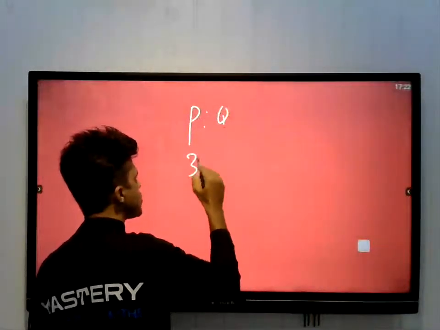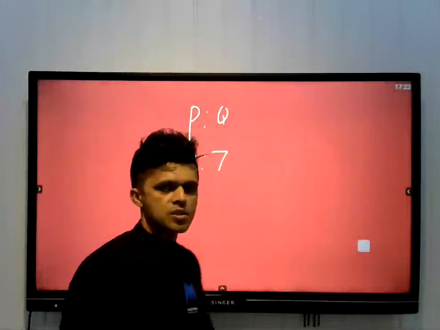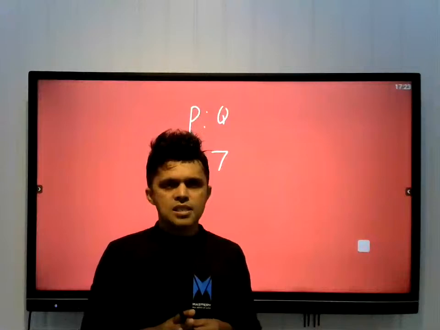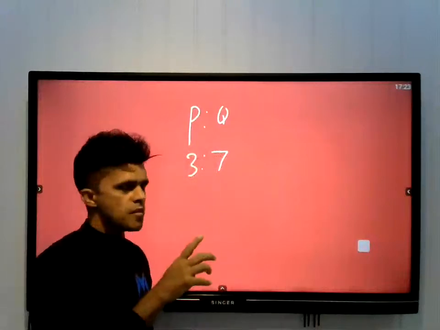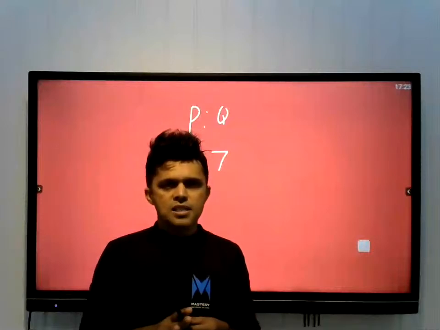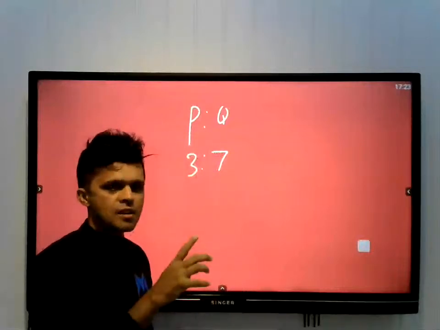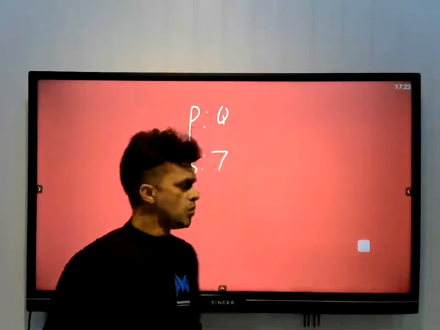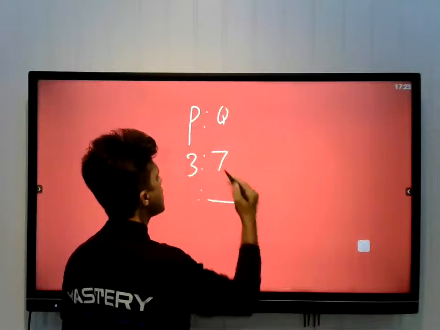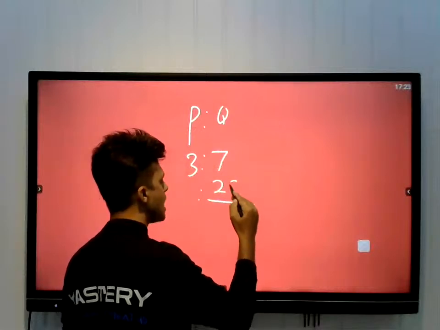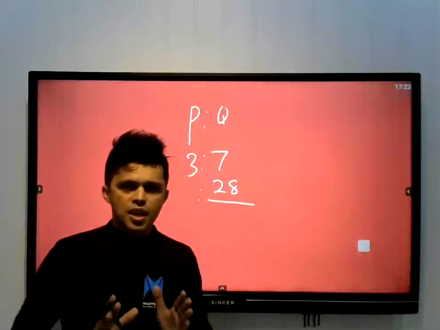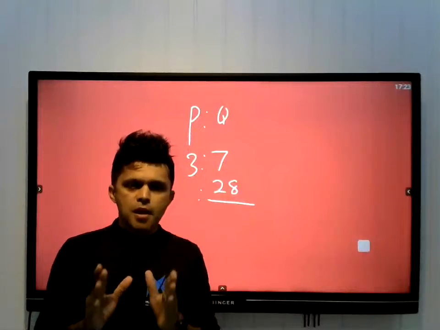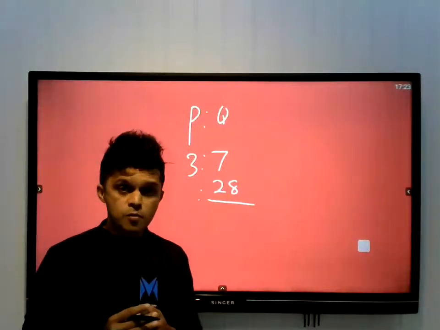Here in this question, the divided amount is not given, but the amount taken by Q is given. According to the question, when a certain amount is divided in the ratio of 3 to 7, the amount taken by Q is 28 rupees.